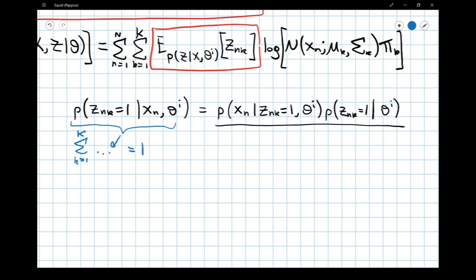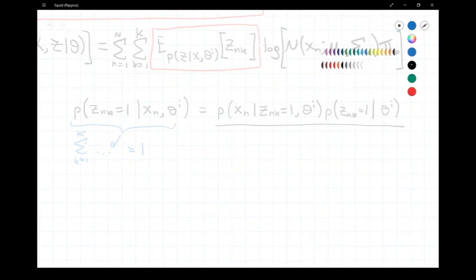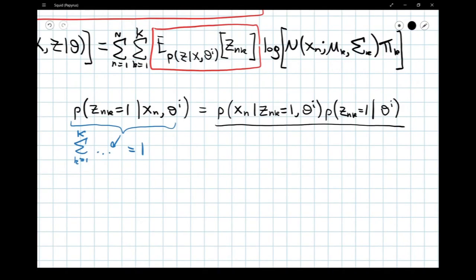Because the point xn has to have come from one of the Gaussians. So we just need a normalizing constant which will ensure that that happens.